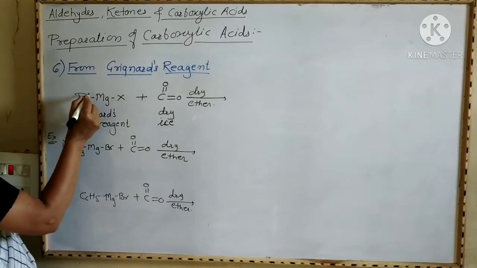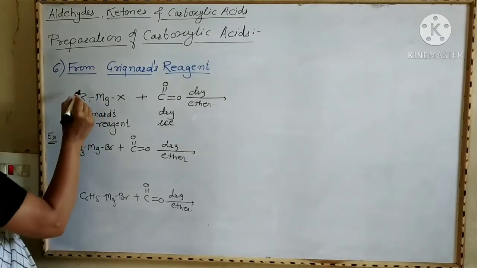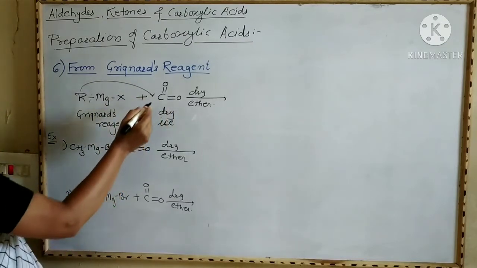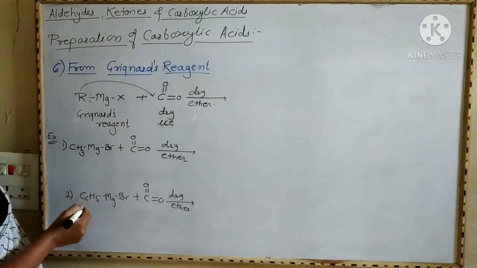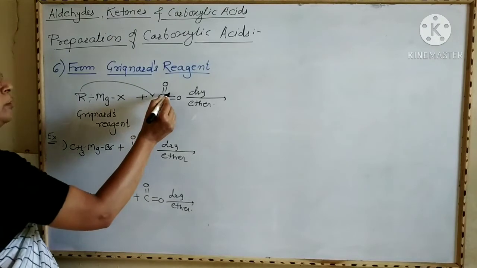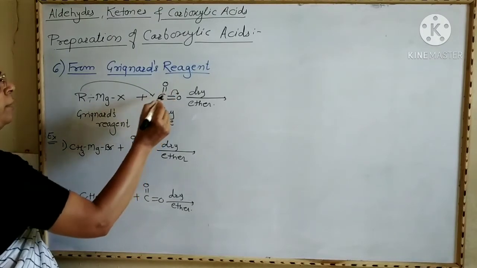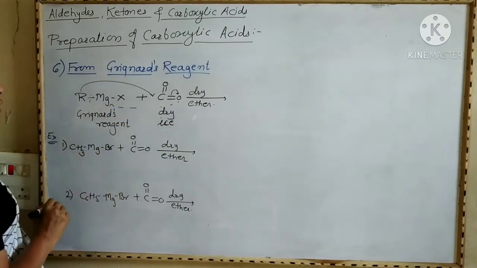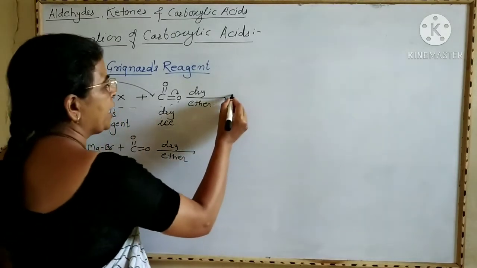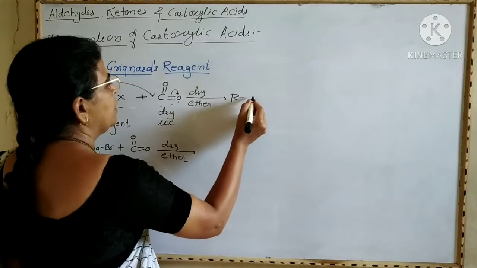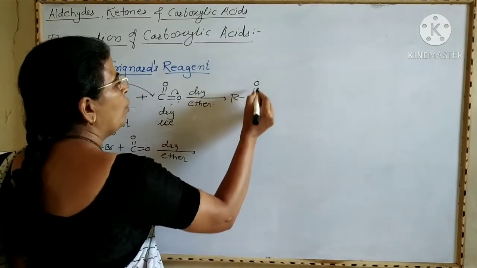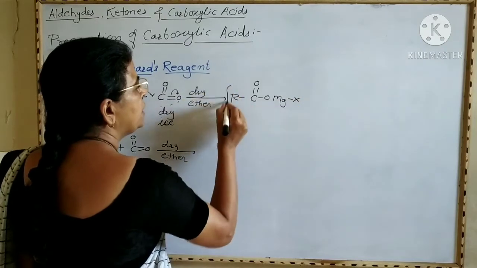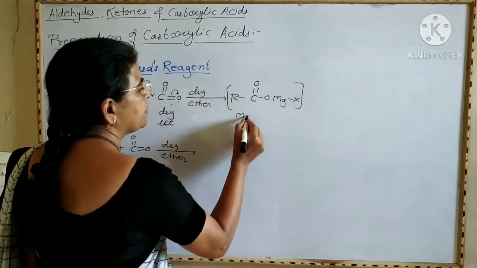The R-MgX bond breaks and this R gets attached to the carbon atom of dry ice, and then this bond shifts onto the oxygen atom and this oxygen atom gets attached to MgX. Then you will get the magnesium complex R C double bond O, O MgX. This is the Mg complex.